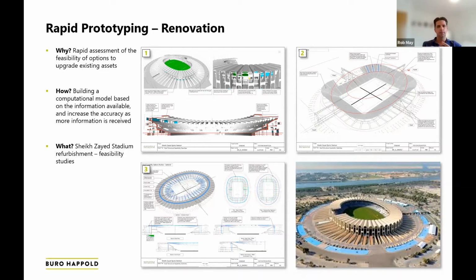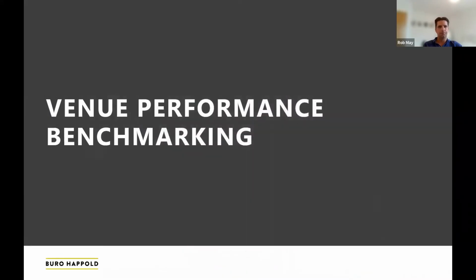As we get more information, whether it's a site survey or a set of photographs or drawings or a model, we feed those into the rapid prototyping model so that it becomes more and more accurate. Along the way, we're always analysing what kind of new roof would fit on this, how we would modify the existing bowl, whether we can fit a new number of seats in there, and so really testing the existing asset with all of the proposed changes and options that we might look at.